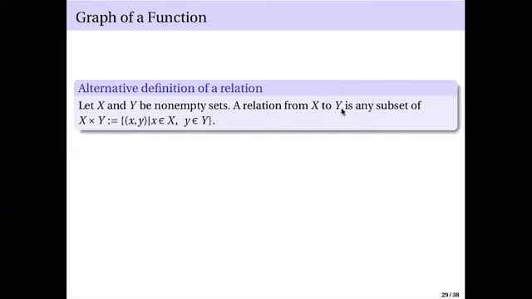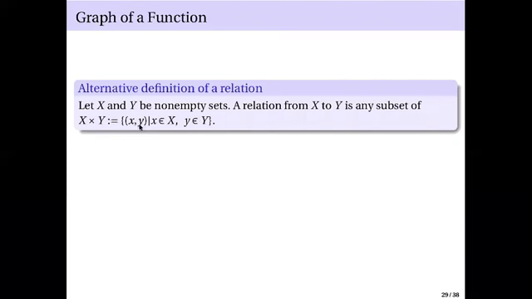A relation from X to Y is any subset of the set X cross Y. And the set X cross Y is the set of ordered pairs x comma y, such that the first coordinate here will be coming from X. The second coordinate here will be coming from Y.